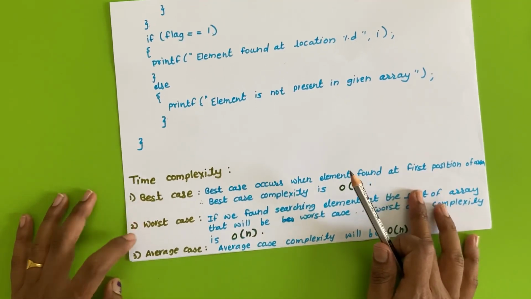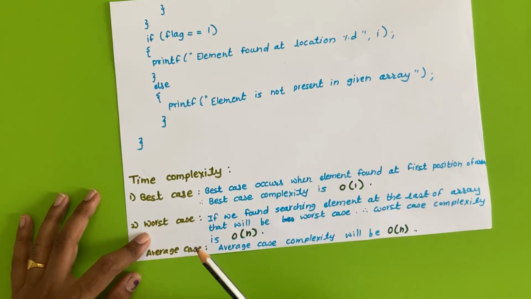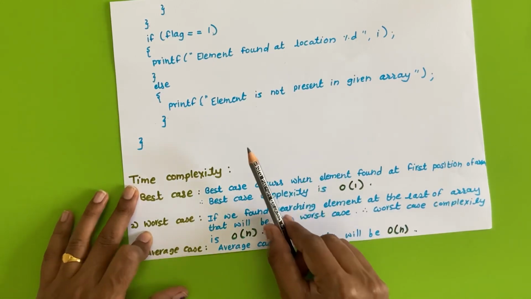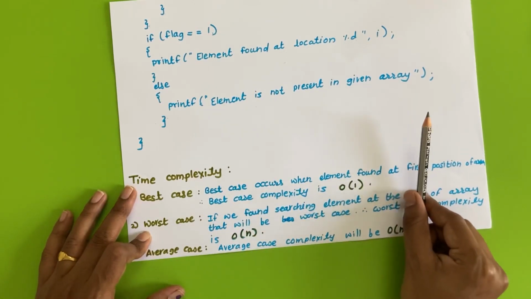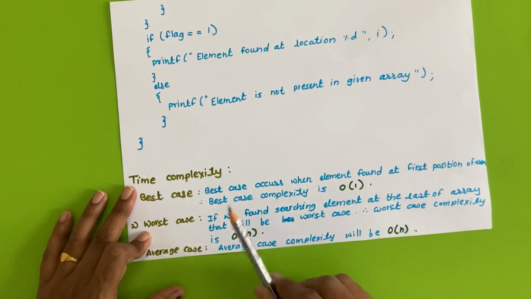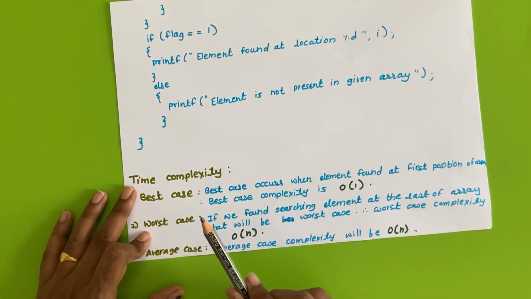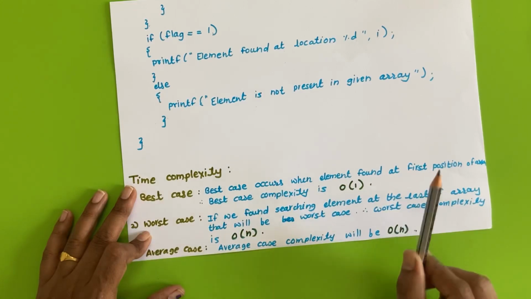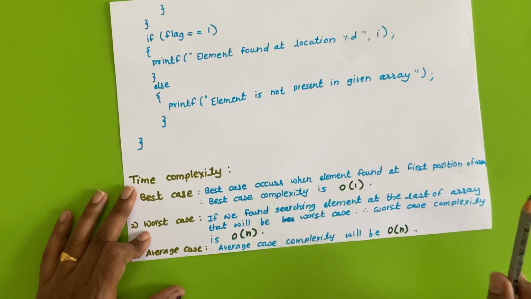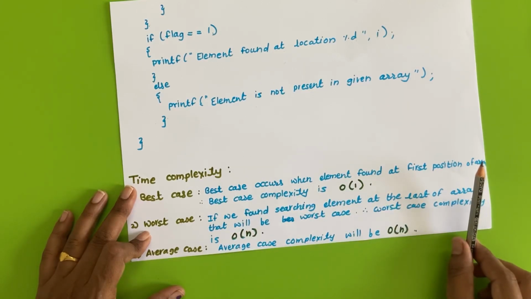And if we compare it with the worst case, the worst case in linear search happens if the element is found at the last of the array. In that case we have to compare all the array elements from start to end, and we get the element present at the end of the array.